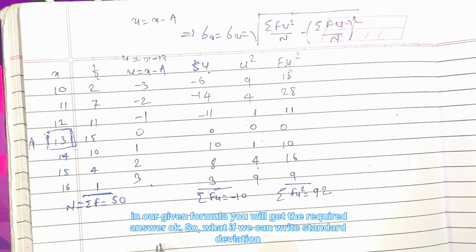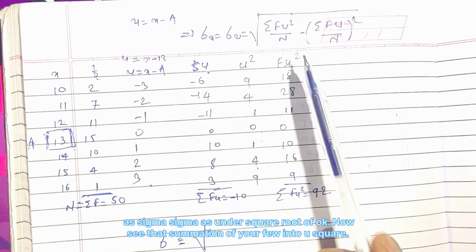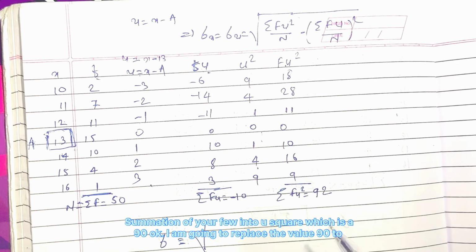So we can write the standard deviation sigma as under square root of, now see the summation of f into u square, which is 92.